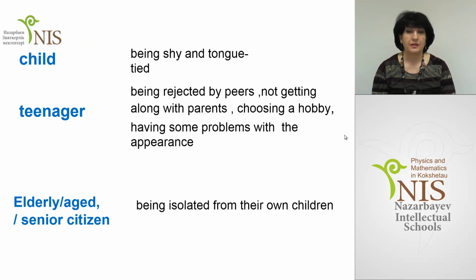As for the child, it is quite typical for them to be shy and tongue-tied. For the teenagers: being rejected by peers, not getting along with parents, choosing a hobby, having some problems with their appearance. And as for elderly aged or senior citizens, it is quite typical for them to be isolated from their own children.